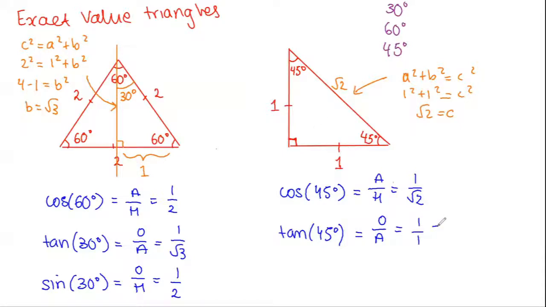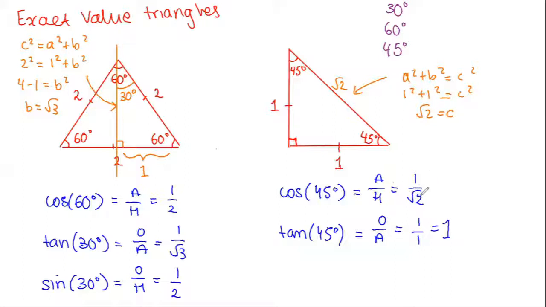So we'll have 1 on 1, which simplifies to 1. Okay, so this is how you can do, without a calculator, any of your trig values for 30 degrees, 60 degrees, or 45 degrees.